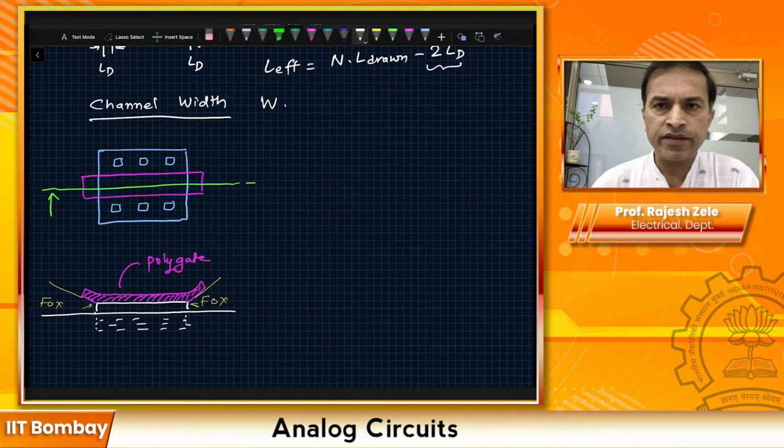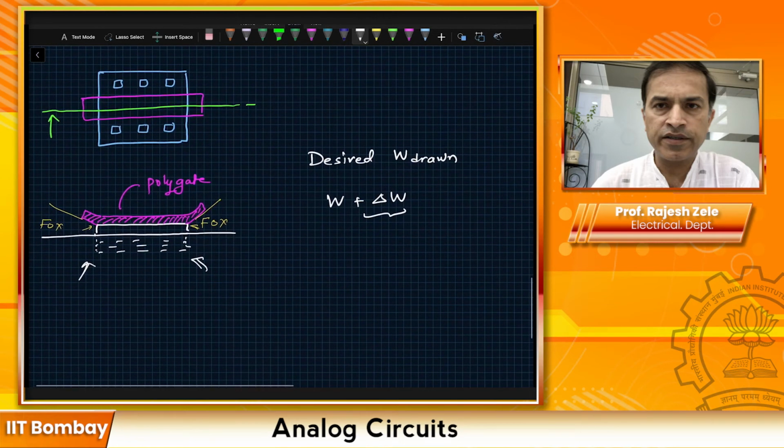When you need a desired W, let's say W drawn is what you want, you actually get W plus delta W. This plus delta W happens because of these two edges which are defining your width. Now, if I just stretch the transistor to increase my W, this W will get multiplied, but this delta W will not get multiplied.